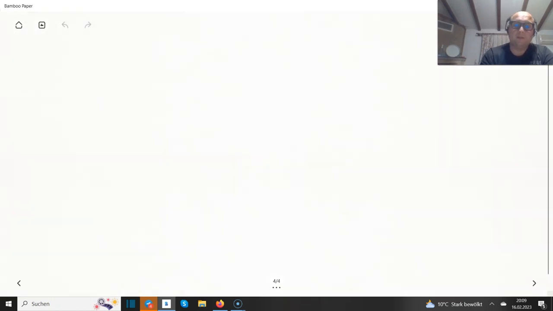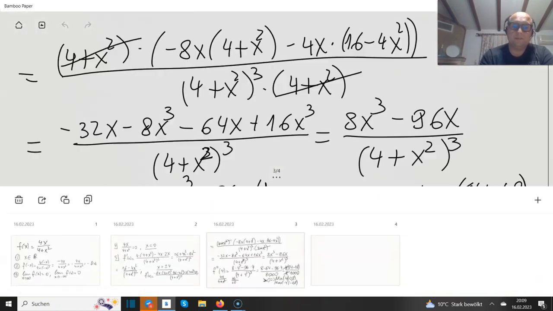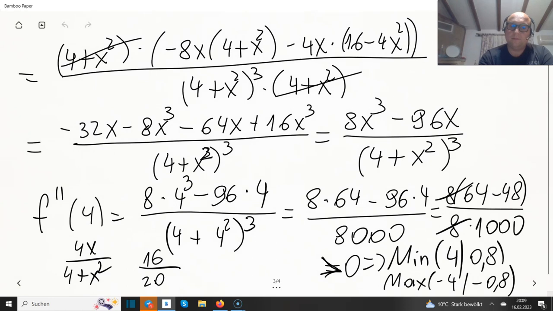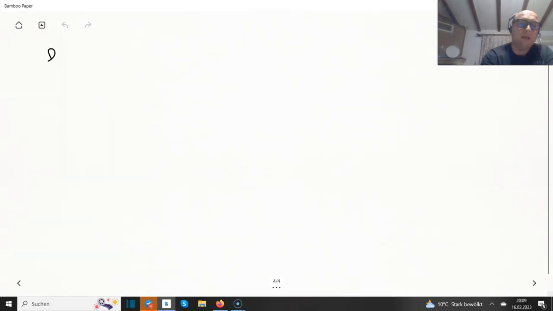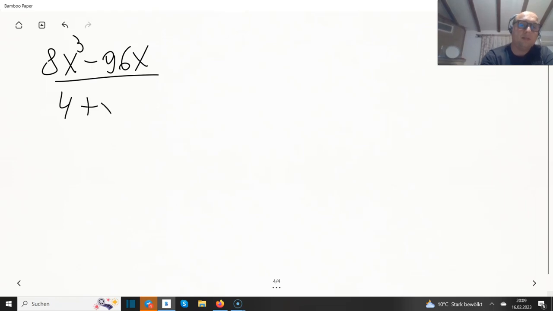Second derivative, which is here. I would like to put it equal to 0 as well. 8x cubed minus 96x divided over 4 plus x squared, cubed. As you remember, the denominator does not matter. So we're having x out. Can I take 8 out as well?